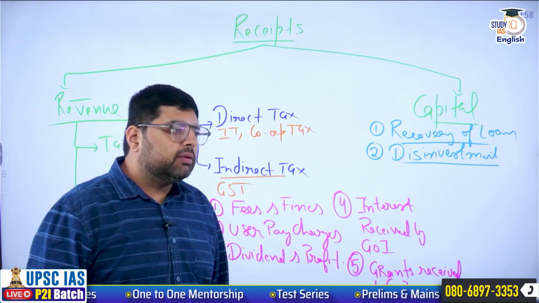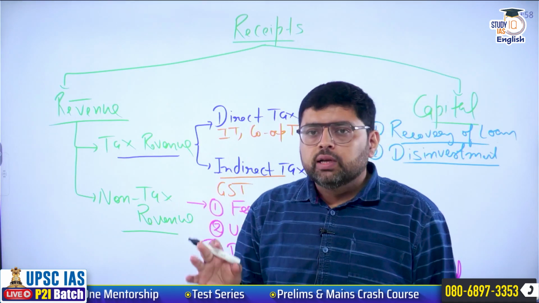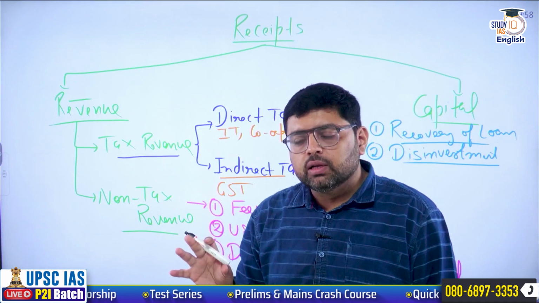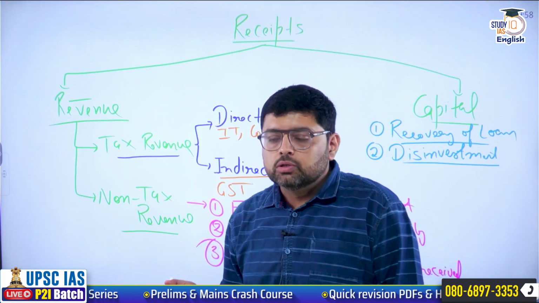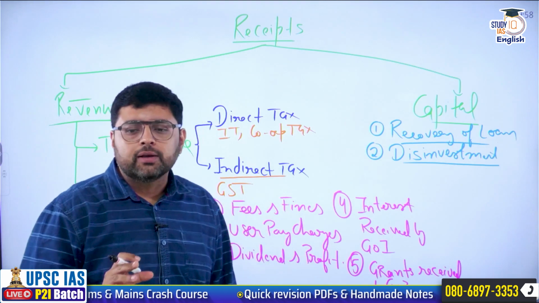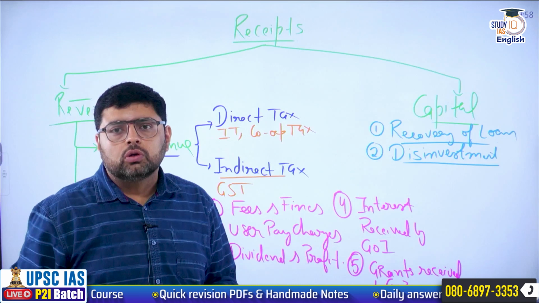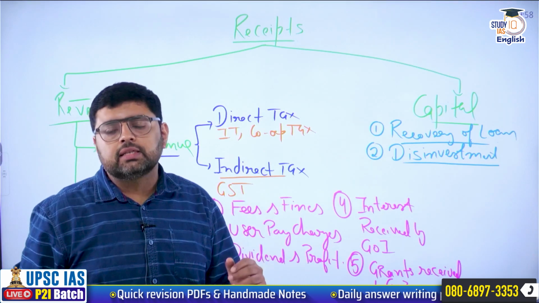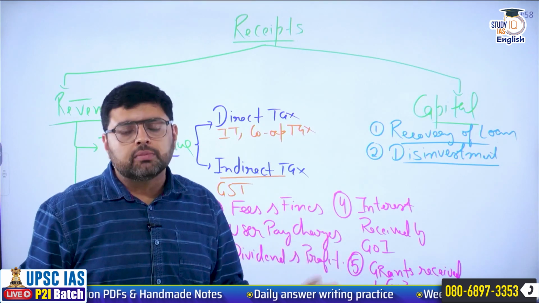Now can anyone tell me that whatever proceeds that Government of India received through disinvestment, where they have to spend it? So there is a certain criteria, or certain percentage. For example, just take any PSU. Now suppose by selling the shares in that PSU, Government of India is receiving some money, say X amount.